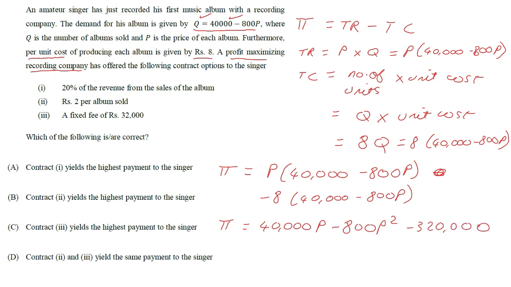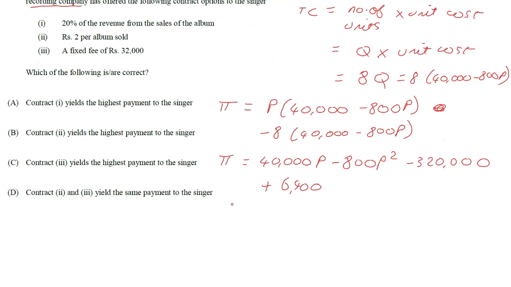Minus 8 times minus 800p gives plus, and it's 8 into 800, which is 6,400p. Here it is 6,400p, because we have a p. Now we simplify it further before we take the other side as 0.